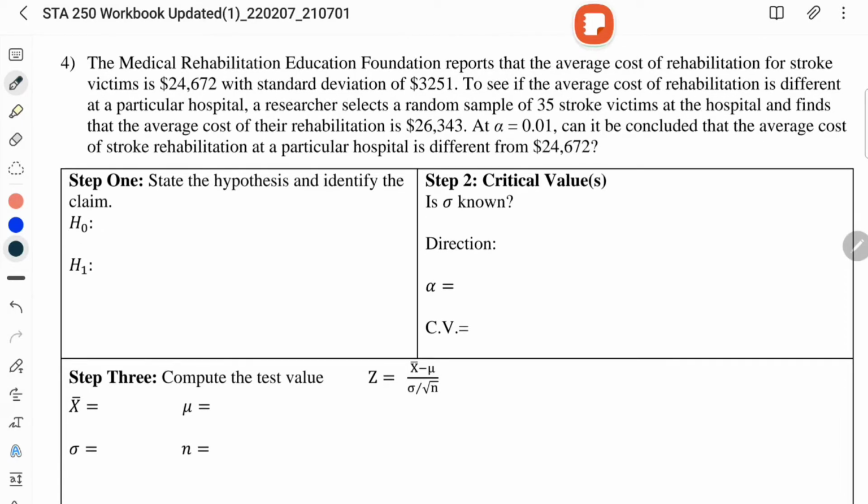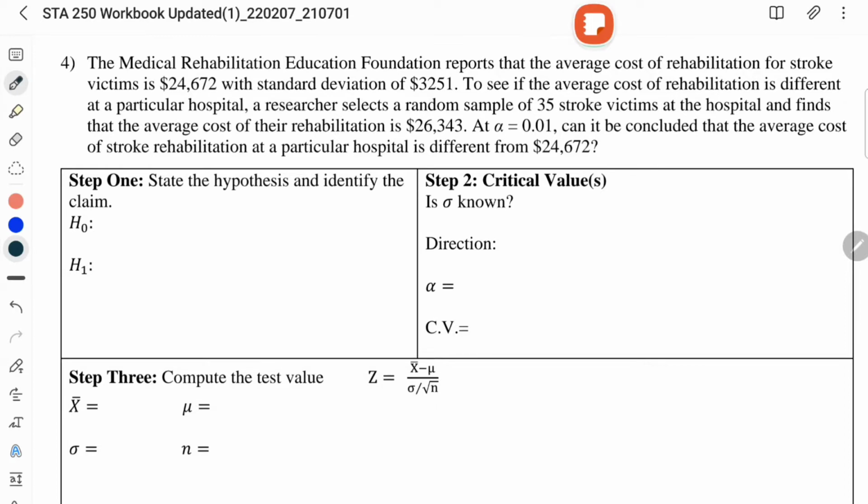To see if the average cost of rehabilitation is different at a particular hospital, a researcher selects a random sample of 35 stroke victims at the hospital and finds that the average cost of their rehabilitation is $26,343.